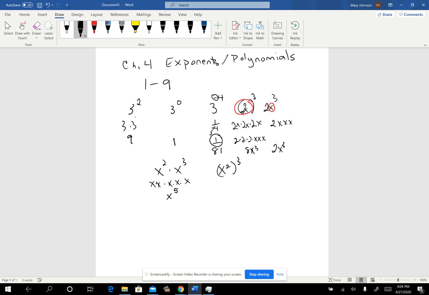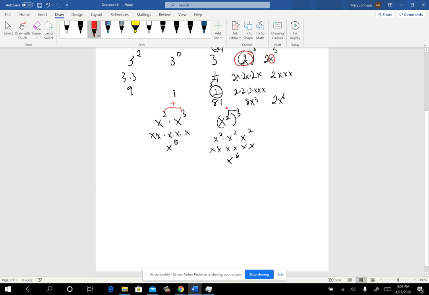Here you have x squared raised to the third, so that's going to be x to the second times itself 3 times, and you actually get 6 x's multiplied together. So there, with the power being raised to a power, you multiplied, and here you added.